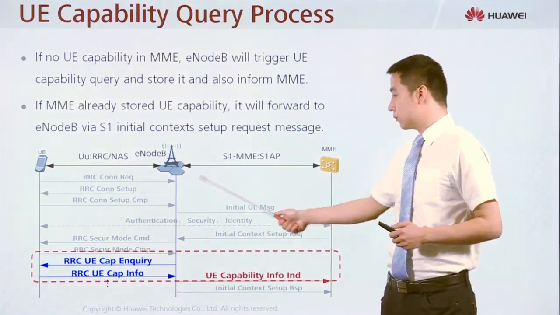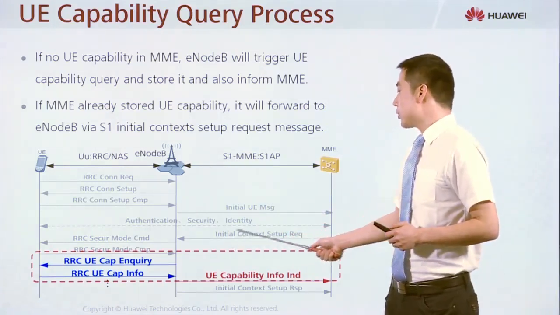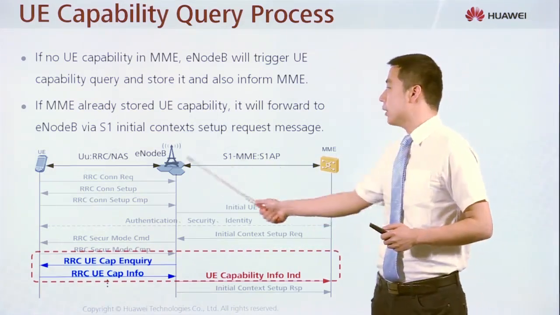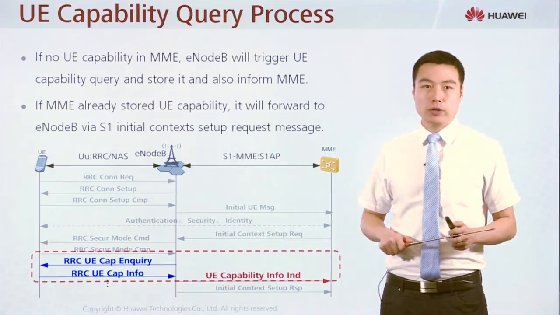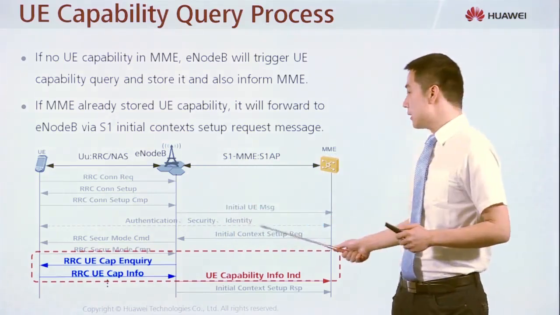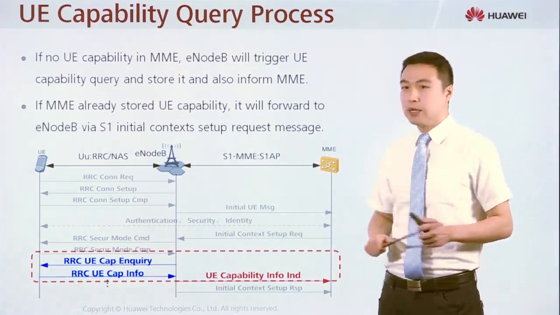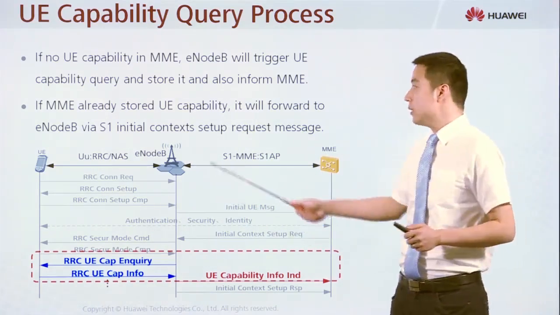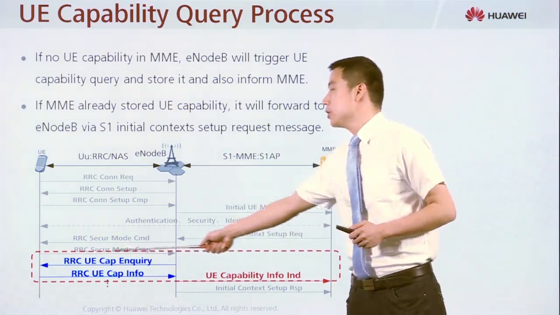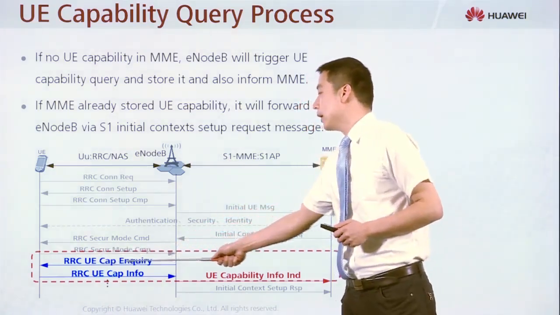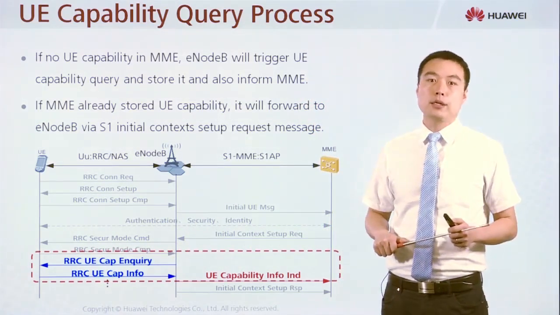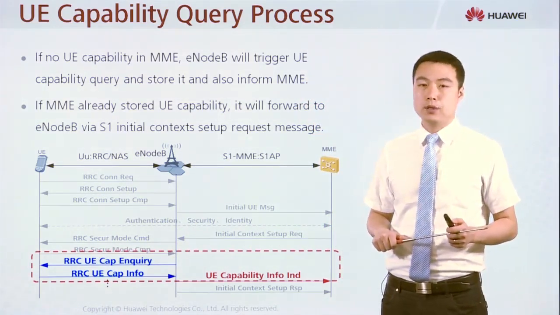If in the initial context setup request message, the MME tells the eNode B the capabilities of the UE, then this is not needed. If the MME doesn't tell the eNode B the capability of the UE, then the eNode B will send this message, RRC UE capability inquiry, to the UE in order to ask for the capability information.